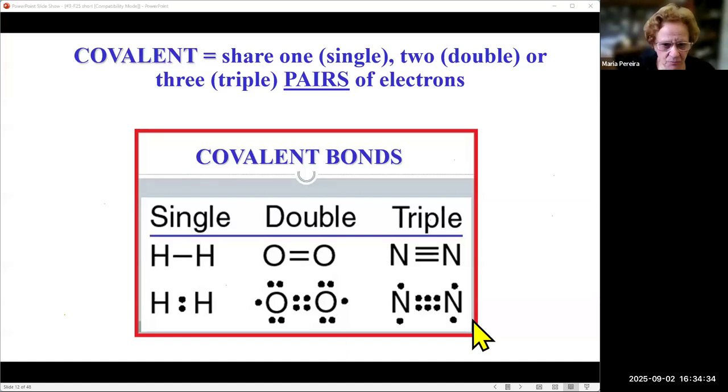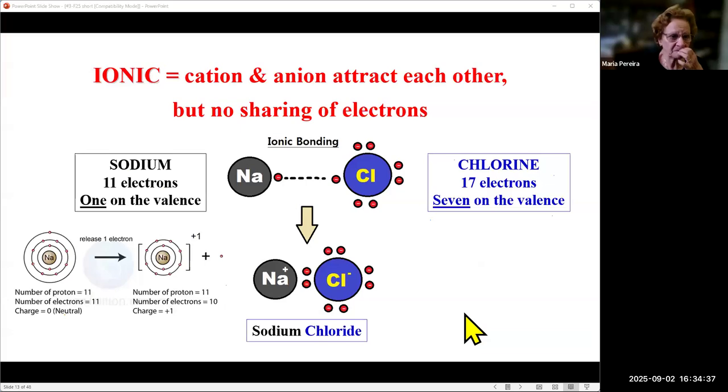Okay, let's move on. So the ionic bonds attract each other because they have different charges. One is positive, one is negative. So let's look at sodium. If it releases one electron, now it only has 10 electrons, but it has 11 protons. So one electron is released, and the sodium atom becomes a sodium ion.